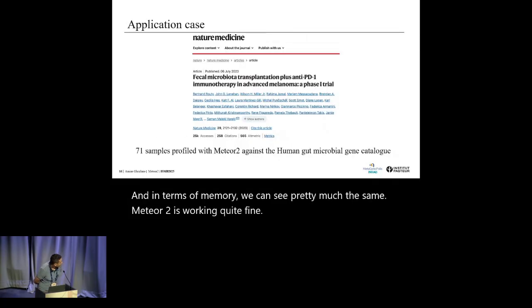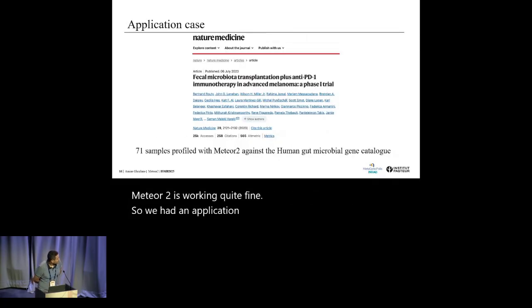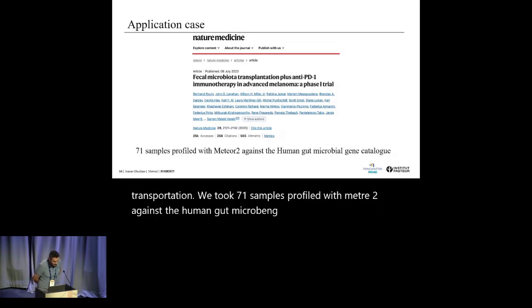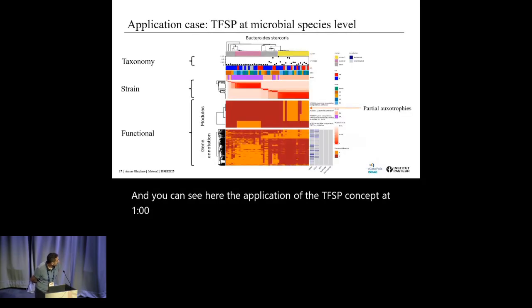So we had an application case based on fecal microbiota transplantation. We took 71 samples profiled with Meteor2 against the human gut microbial gene catalog. And you can see here the application of the TFSP concept at one microbial species level.